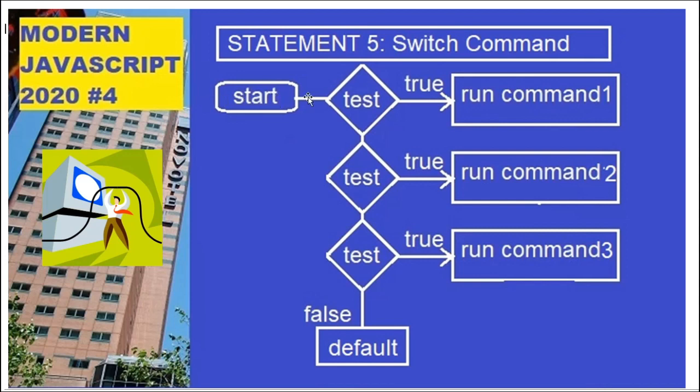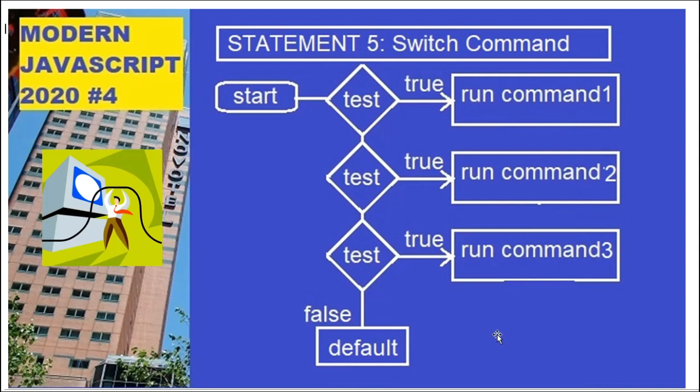You do a test, and if it's true, you run command 1, and if it's not true, then you go on to another test down this way, and if that's true, you run command 2. Otherwise you go to test number 3, and if it's true, run command 3. Otherwise you go down to the default and say, alright, do this otherwise.